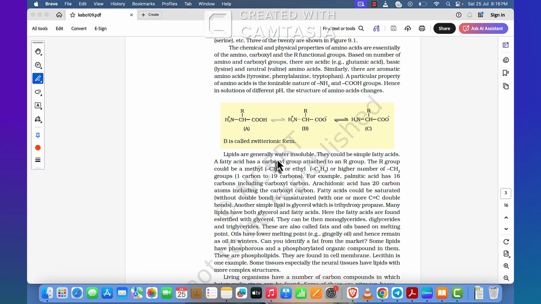Based on number of amino and carboxyl group, there are the acidic, glutamic acid, basic, lysine, and neutral, valine amino acid. Similarly, there are aromatic amino acids, tyrosine, phenylalanine, tryptophan. A particular property of amino acids is the ionizable nature of NH2 and COOH groups.